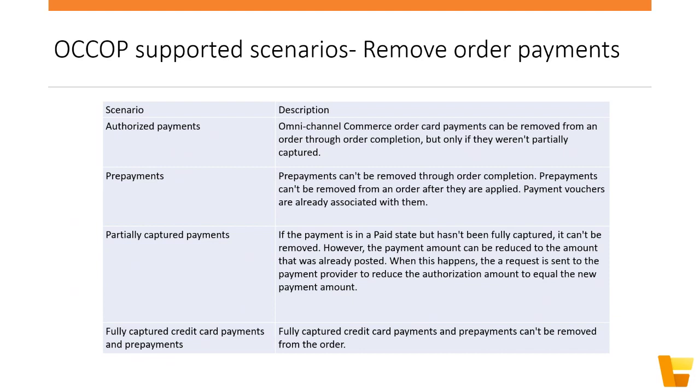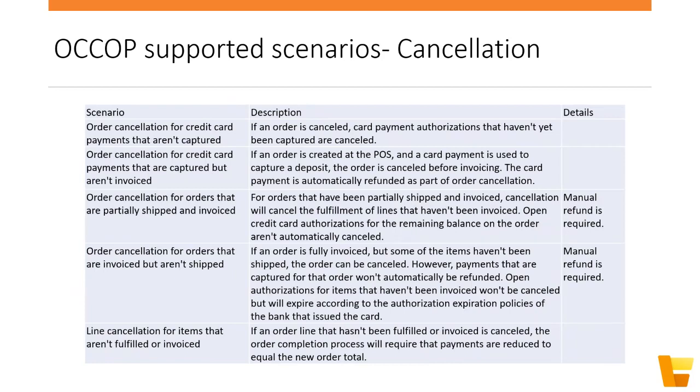And then removing order payments, what happens if you need to remove a payment. Depending on the state of the payment, we have the description of what you're able to do there. And finally, canceling an order, and what happens if you need to cancel an order and these payments have been either not captured or partially captured or fully captured. So come back in your own time or check the online docs and you can see more about that.